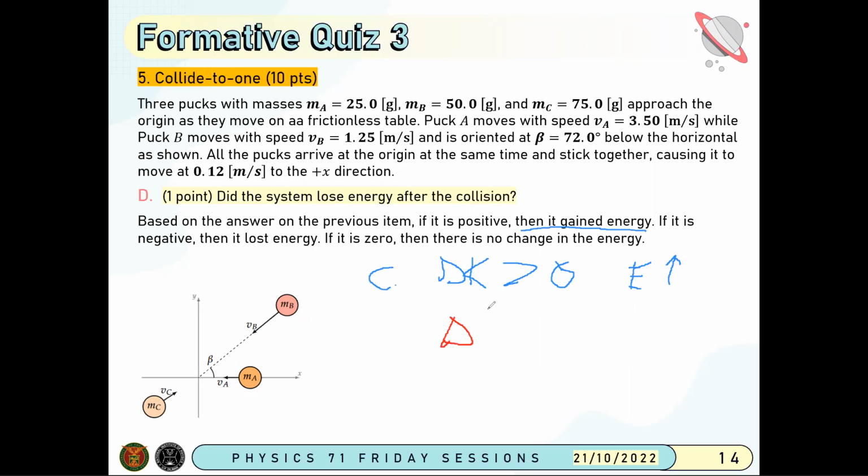If the change is negative, if the delta K is negative, then yung energy natin is lost. Okay? So ito yon, lost energy. If delta K is 0, then energy is the same. So there's no change in energy, meaning na-conserve yung energy. Okay. So ang tanong, alin dito yung sagot?